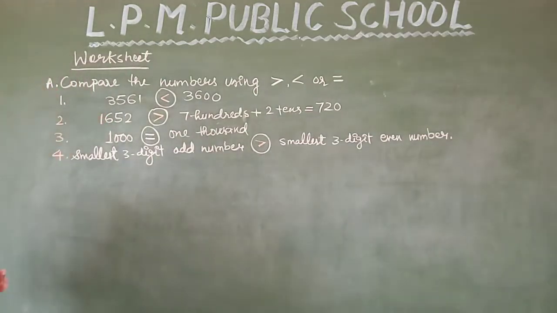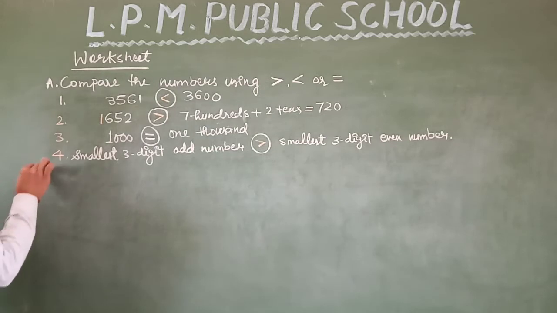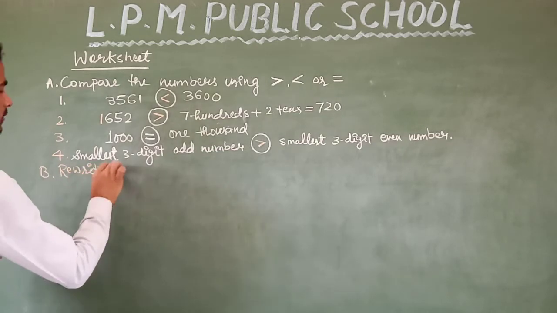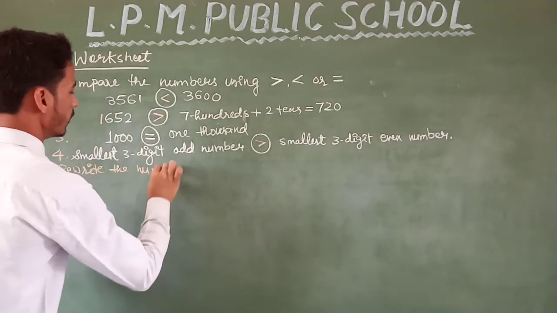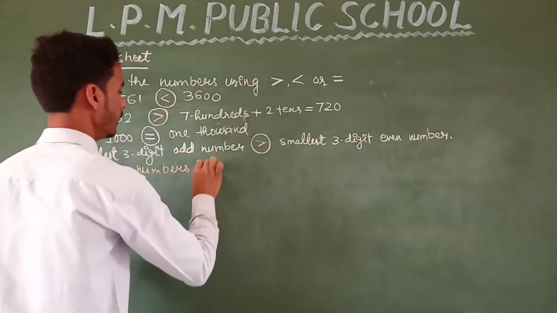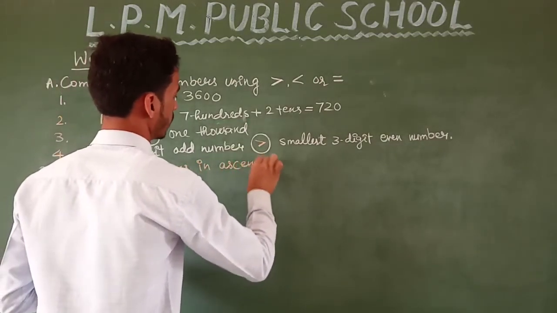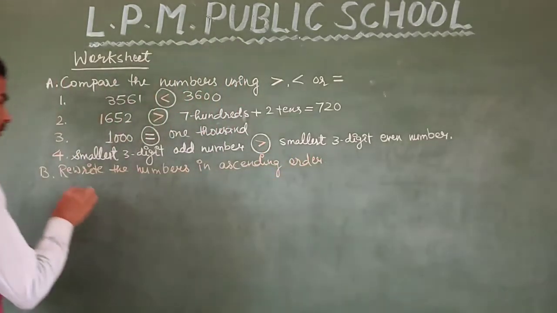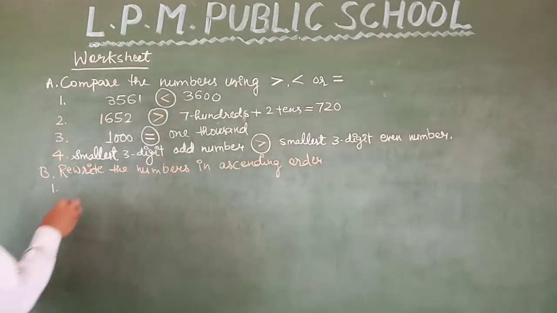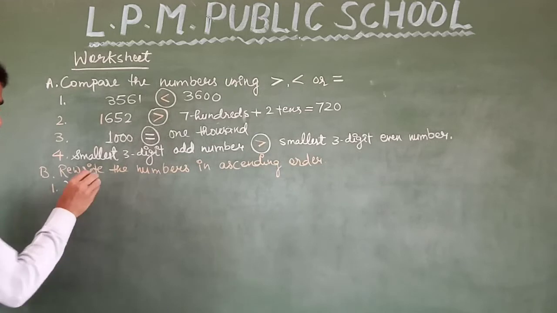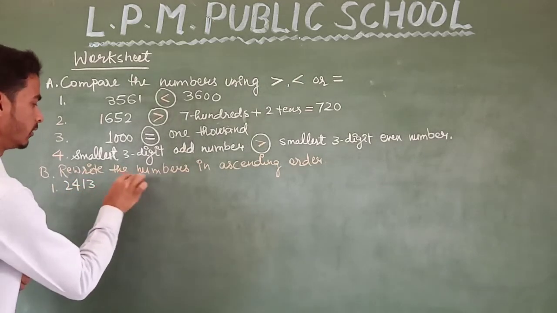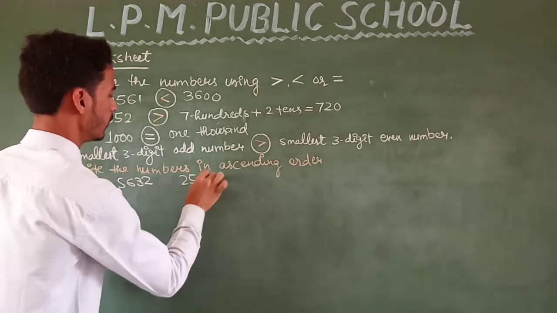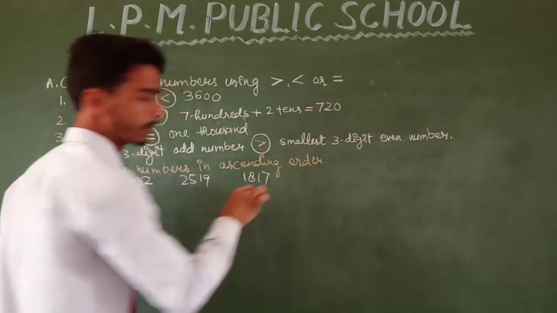Okay. The next question is: rewrite the numbers in ascending order. The numbers are 2413, 5632, 2519 and 1817.